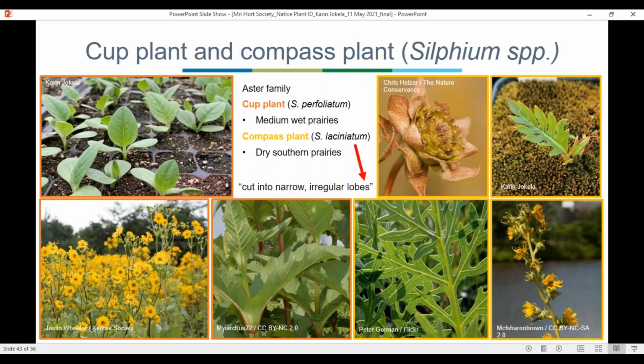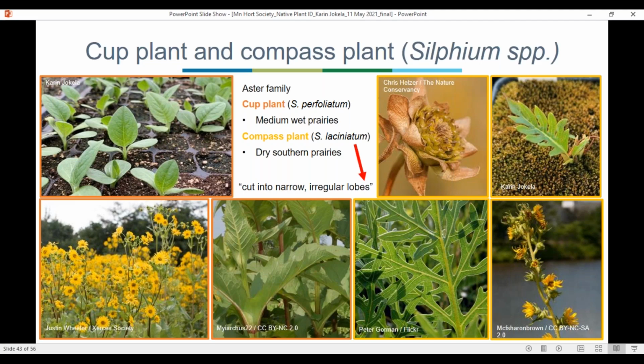Cup plant and compass plant, these are 2 species that are also iconic prairie plants. We've got cup plant, perfoliatum, named because the two leaves surround the stem and almost create a cup that holds water, right? You can see down there in the center left, that's a cup plant leaf. They're gigantic plants, both of them.